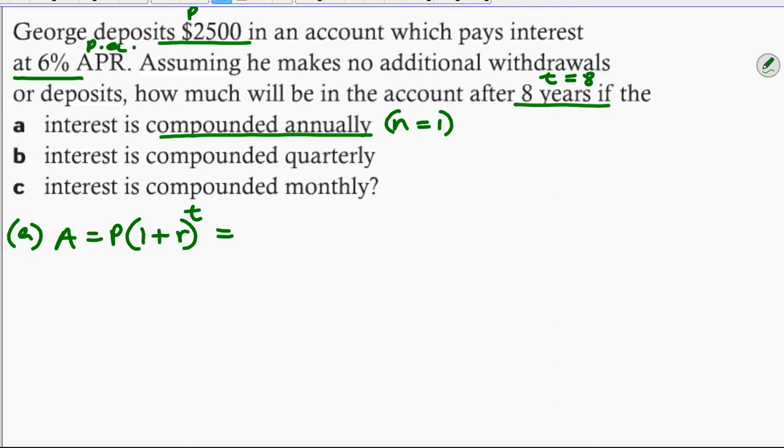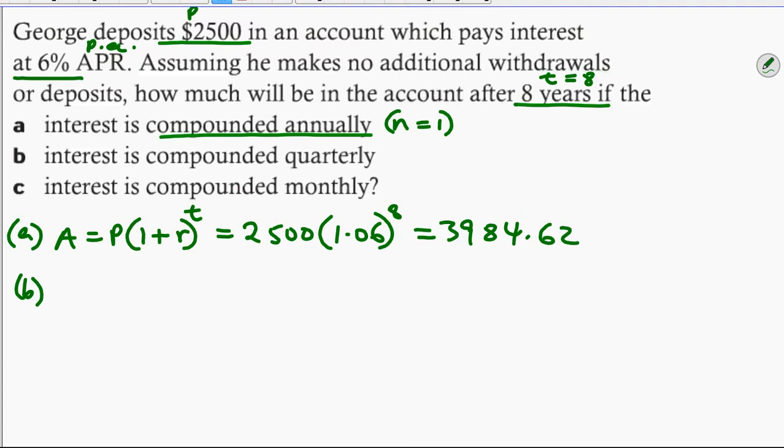So this will be equal to 2,500 into 1.06 to the power 8, which will equal 3984.62.